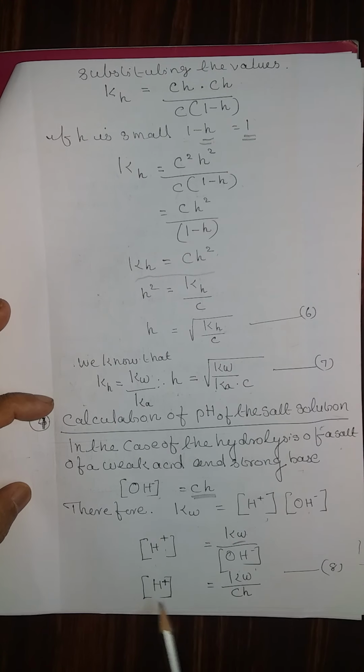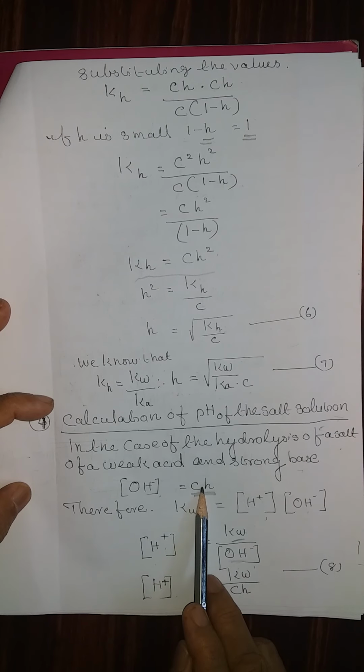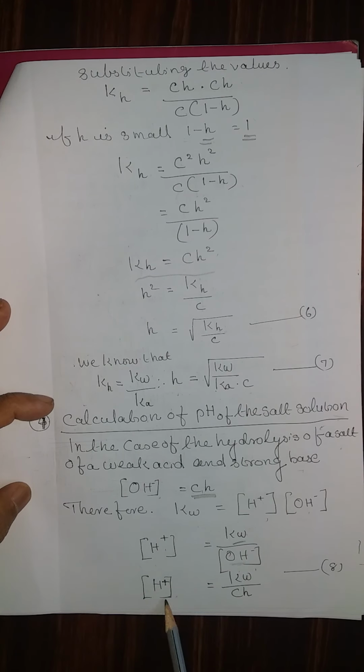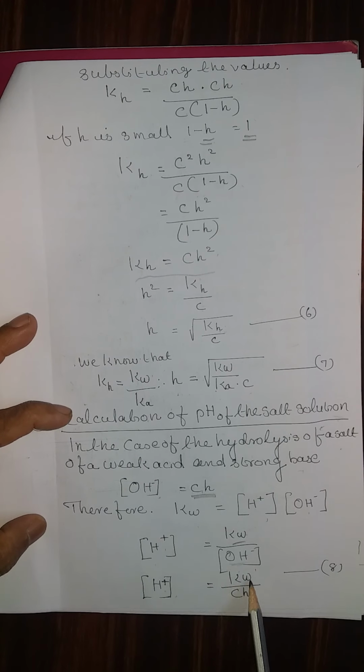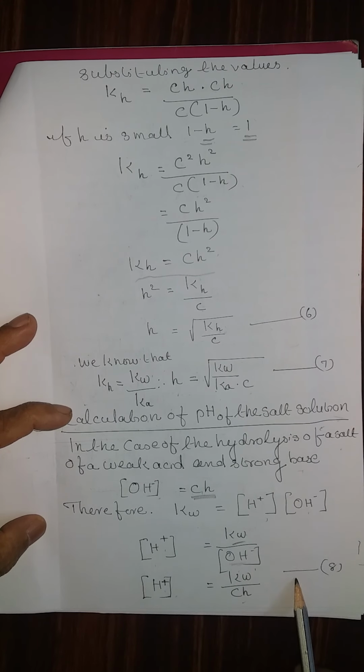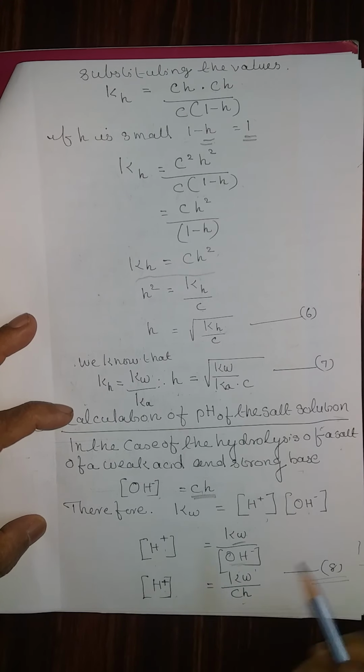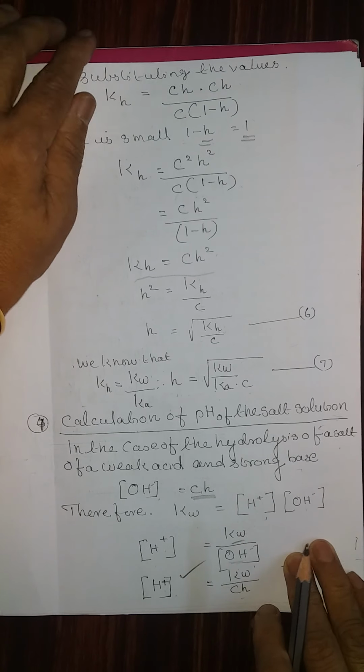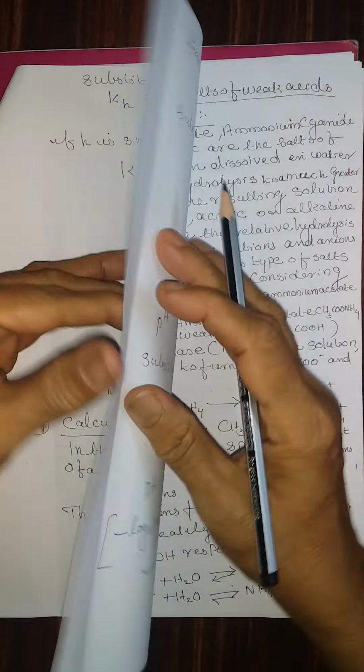We know the concentration of OH minus is equal to Ch. Substituting that value, concentration of H plus is equal to Kw by Ch, equation number 8. Now taking logarithm and arriving at the final step.